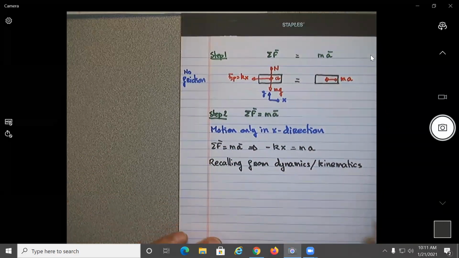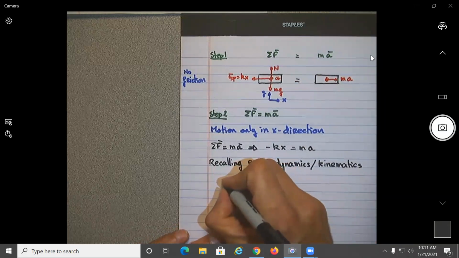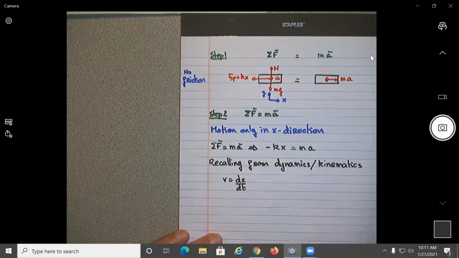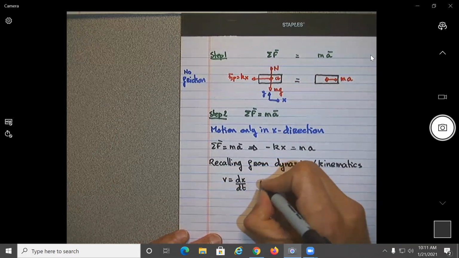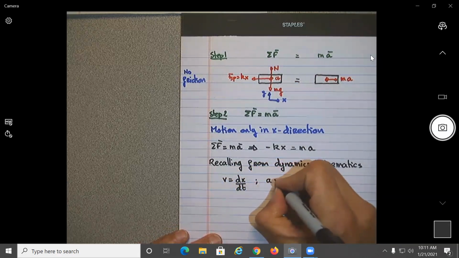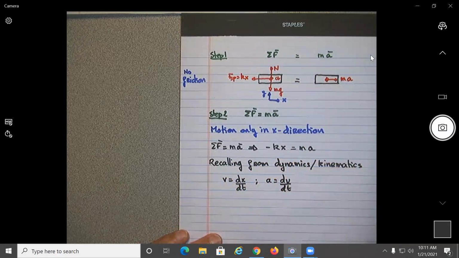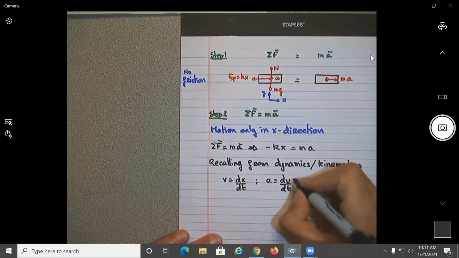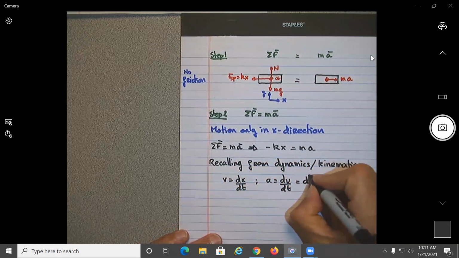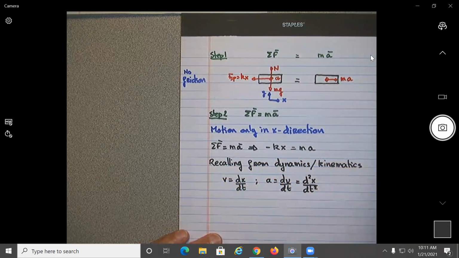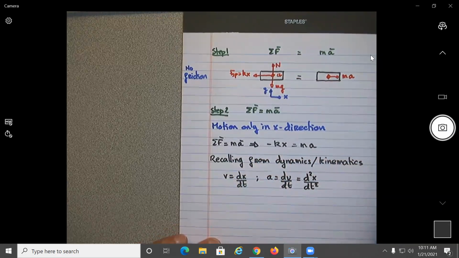You know that the velocity is equal to dx/dt, no? Now, what is the acceleration? The acceleration is the derivative dv/dt, but also this could be the second derivative of x with respect to t squared.